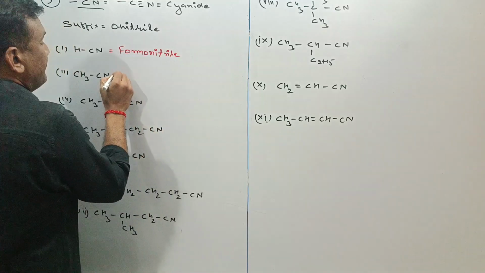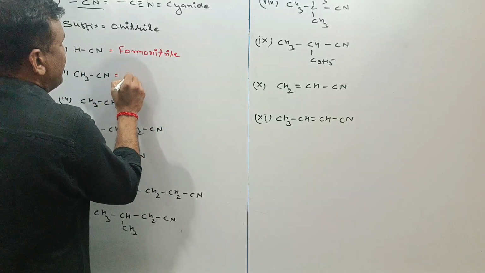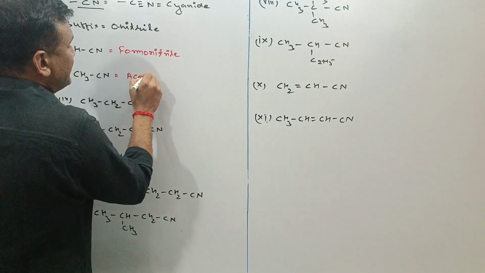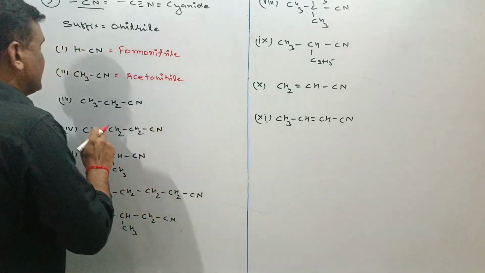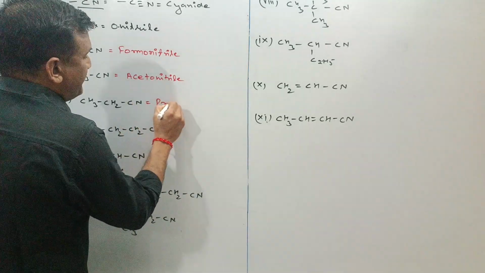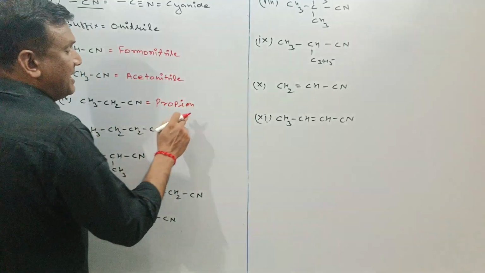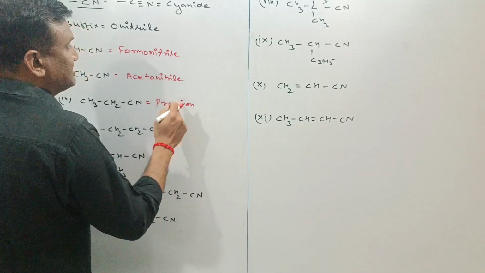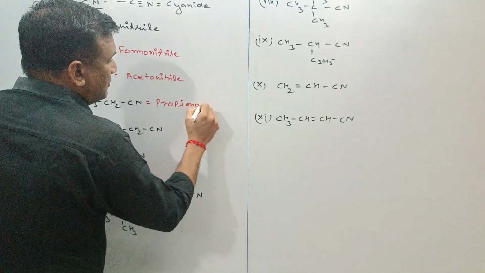For CH3CN, there are two carbons, so it is called acet plus O nitrile, so it will be acetonitrile. Now CH3CH2CN will be propiono, propion for 3 carbon atoms and O nitrile as the suffix.